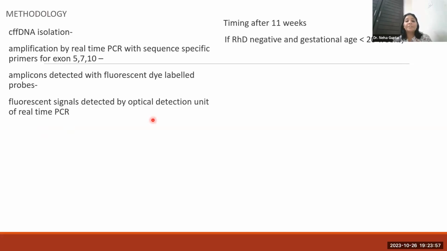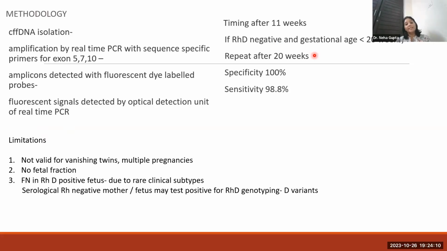It can be done after 11 weeks. If the baby turns out to be RhD negative and the gestational age is less than 20 weeks, then it needs to be repeated after 20 weeks. The specificity is around 100%, sensitivity is around 98.8%. It's not valid for vanishing twins or multiple pregnancies.